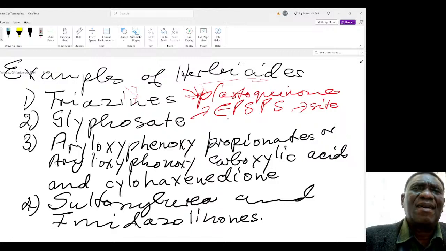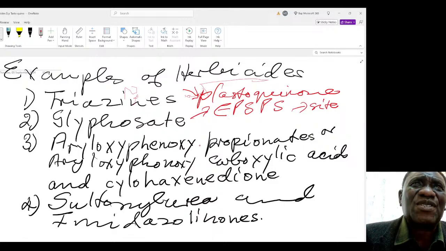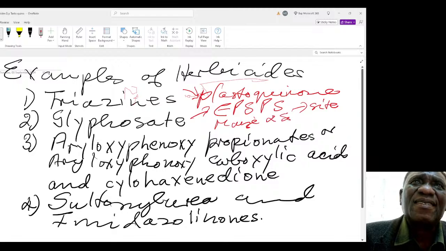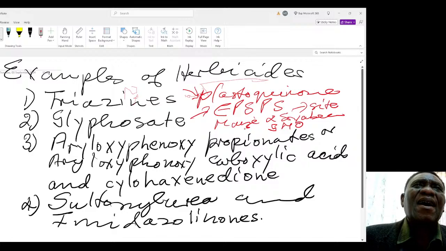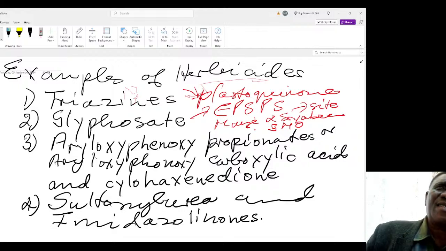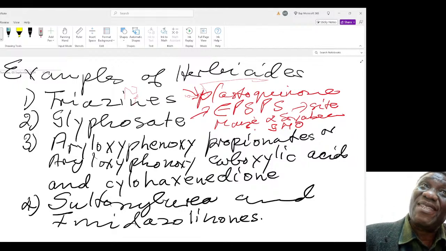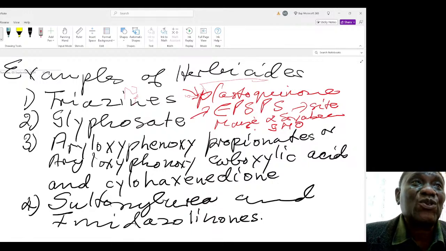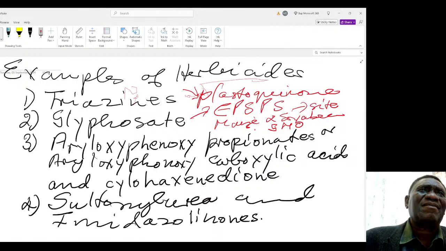In GMOs, where we have got maize and soybean, scientists have actually manipulated these maize and soybeans so that the EPSPS will not combine with the glyphosate, and we can produce selectivity.